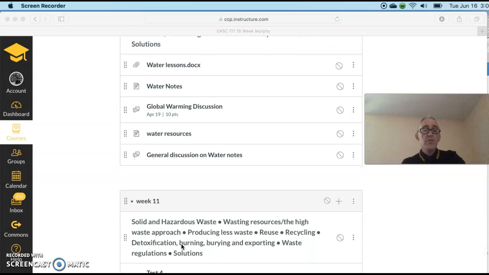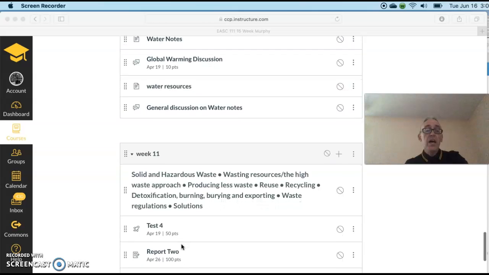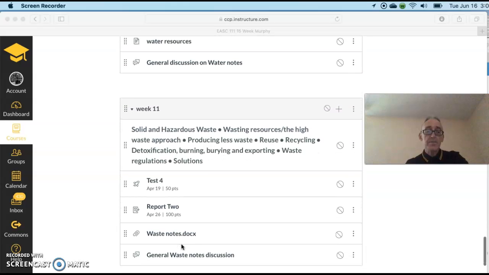By week 11, we'll be looking at solid and hazardous waste, different types of waste, the definition of waste, ideas of reuse, recycling, also things like landfills, for example. At this point, we'll be having test 4, and also by this point there will be a submission of a second report. These reports will be found within your syllabus.